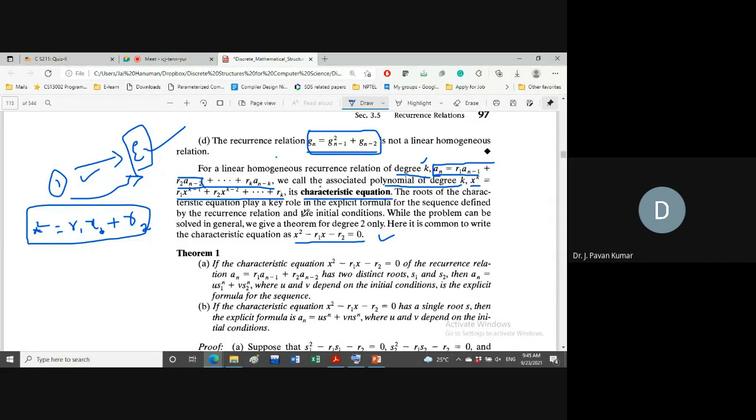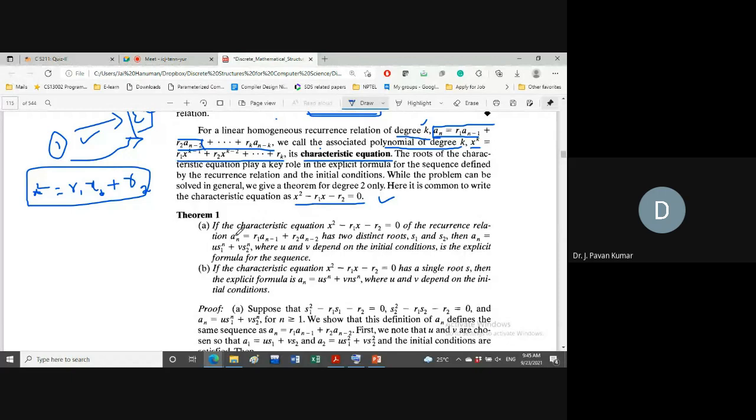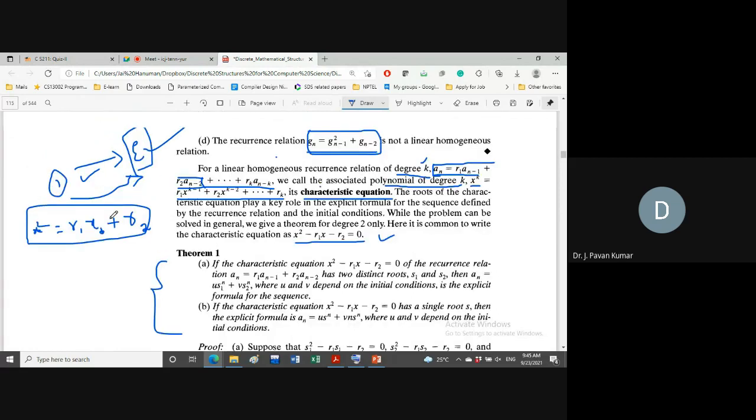Now, with respect to this characteristic equation, we can classify the roots, and we can have two formulas. What is the objective? The main objective of our discussion is, whatever recurrence relation we have, to give a direct formula that we call the explicit formula.